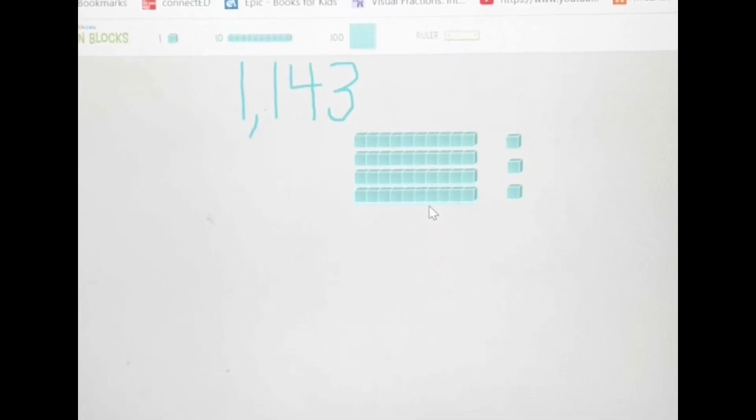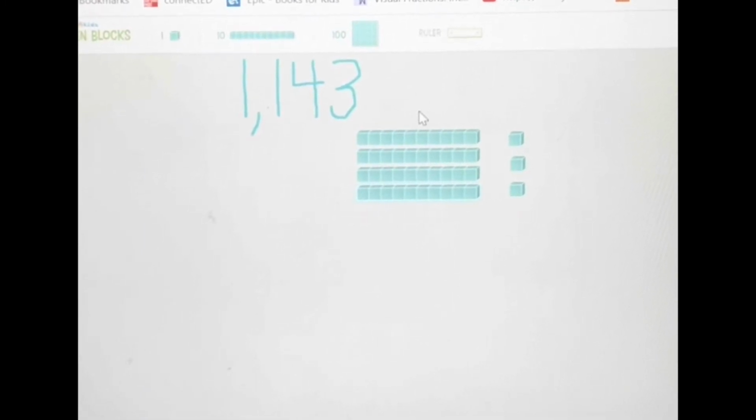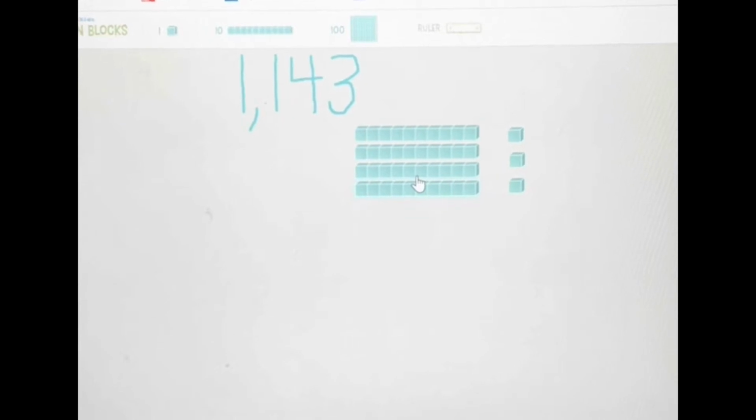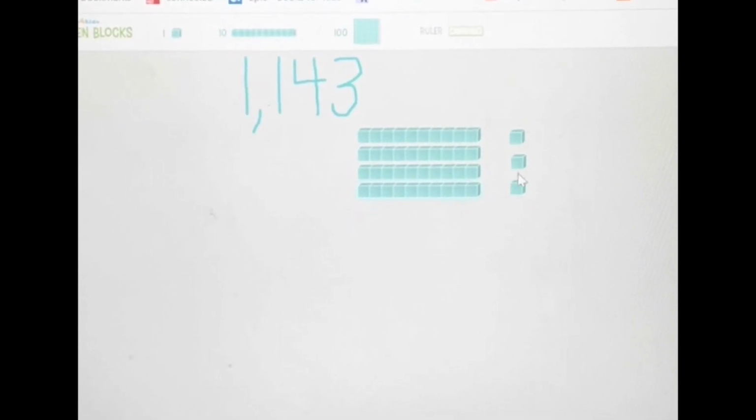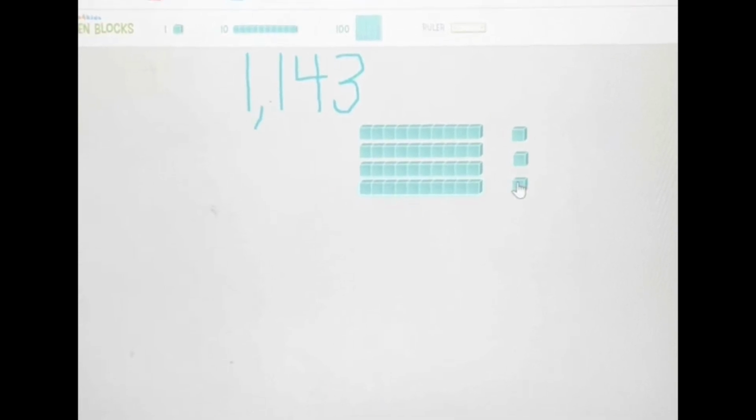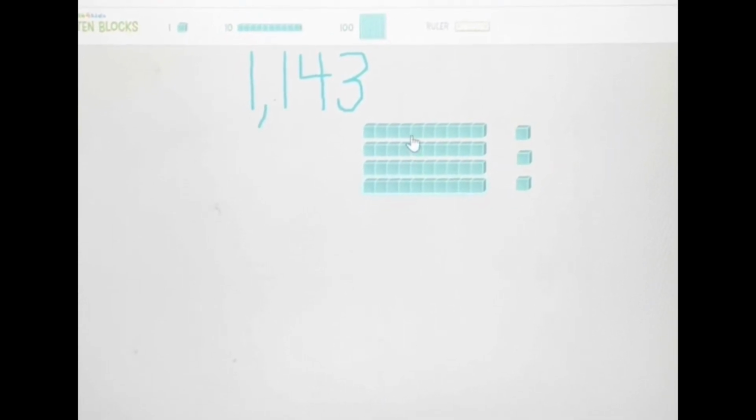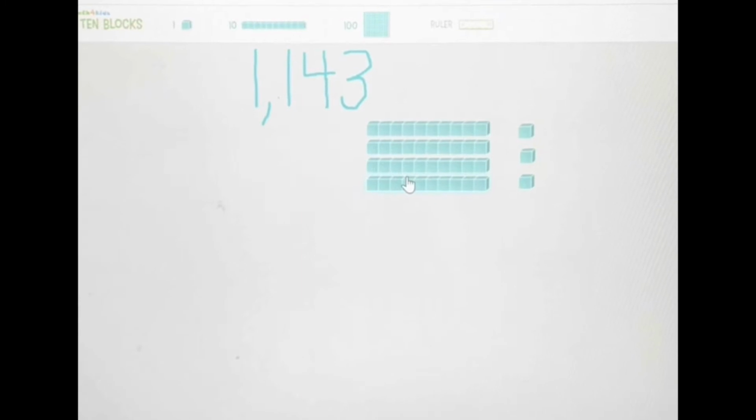So we have 4 tens, and 4 tens, if you count by tens, is equal to a value of 40. 3 ones, if you count by ones, is equal to a value of 3. 1, 2, 3. 4 tens, 10, 20, 30, 40, is equal to a value of 40.